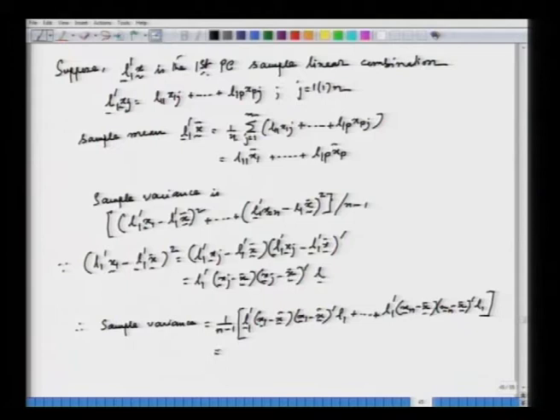This gives me 1 by n minus 1 times L1 transpose, the sum over j from 1 to n of (xj minus x bar)(xj minus x bar) transpose, times L1. By our definition of the sample variance covariance matrix, this is nothing but L1 transpose S L1.